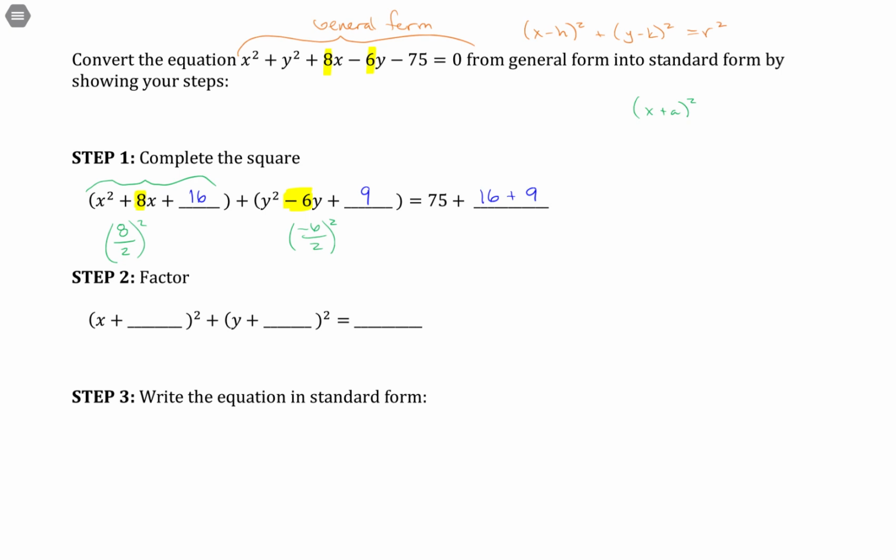But the next step, what's really cool about this is you've made this a perfect square trinomial. So no matter what this form is, it will automatically factor. So if I have, for instance, x squared plus bx plus, and then this term we know is b squared over 4.